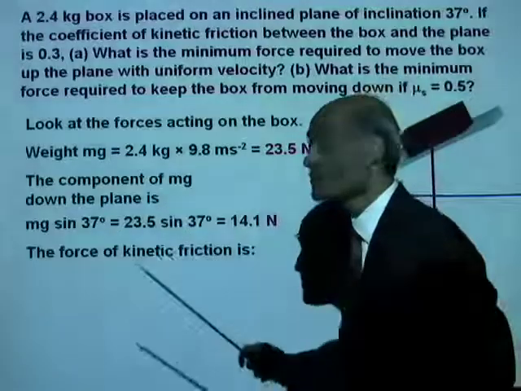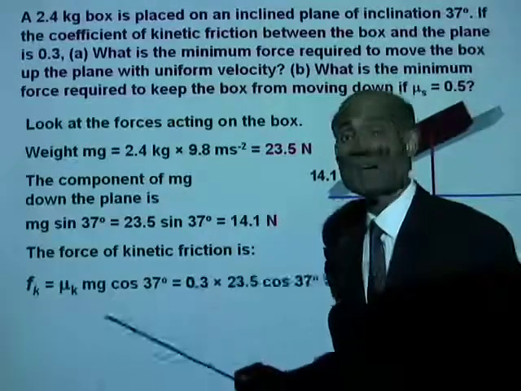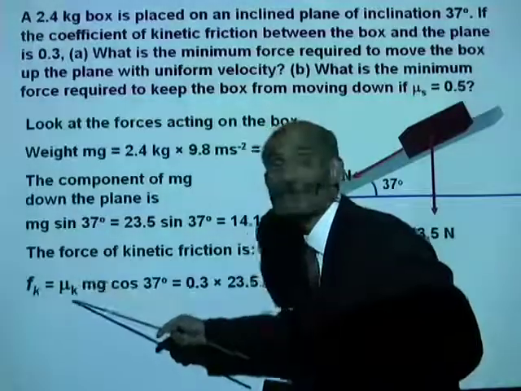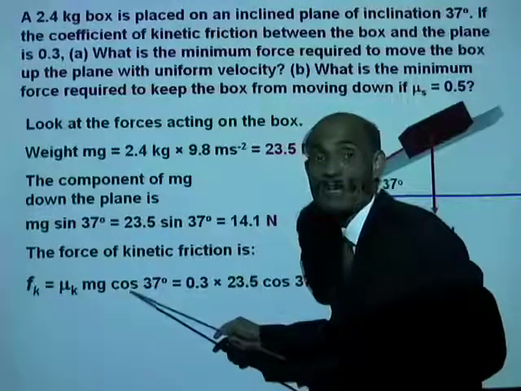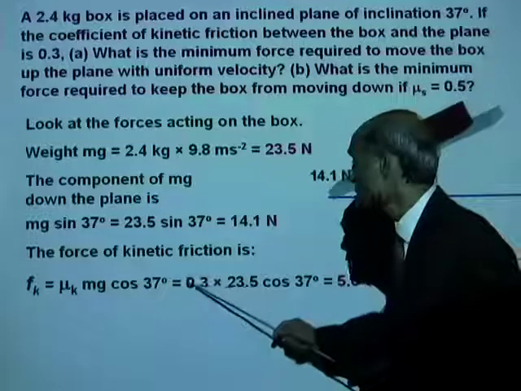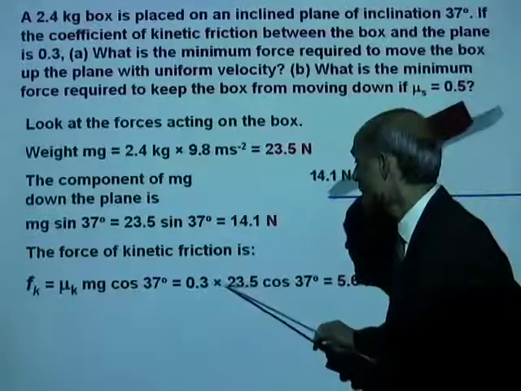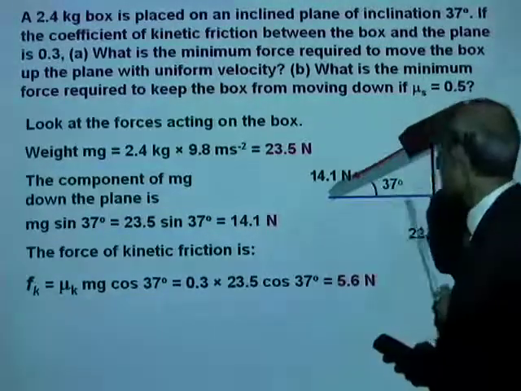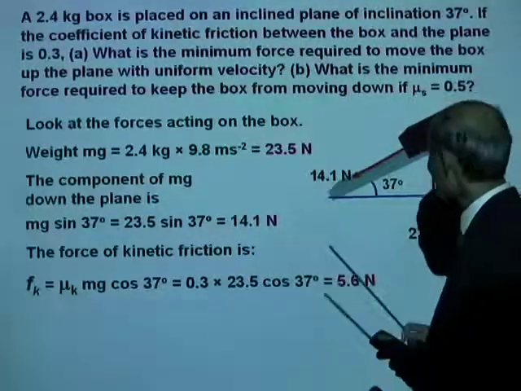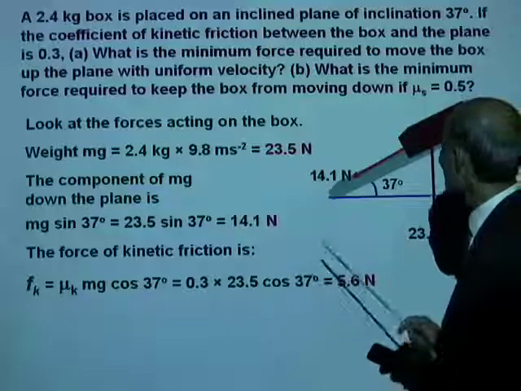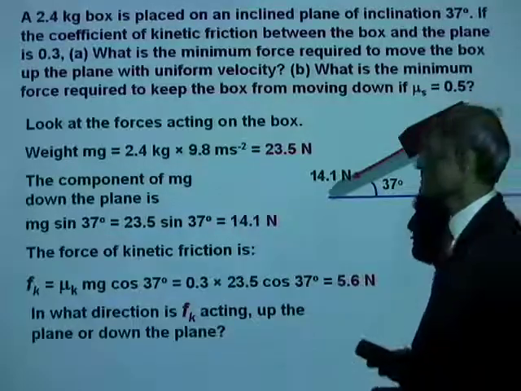So the force of kinetic friction will be Fk equal to mu k mg cos 37 degrees, where mu k is 0.3, mg is 23.5, we know that, times cos 37, and that is 5.6 Newton.